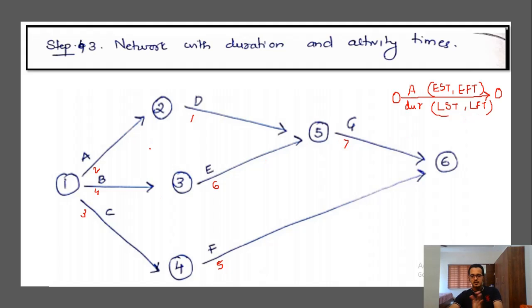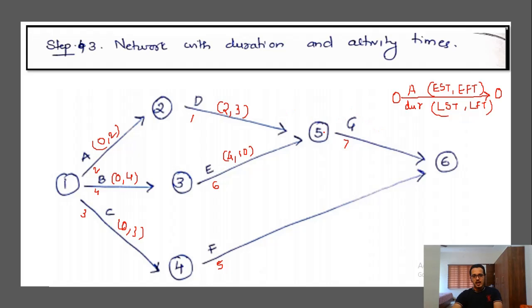For that, first we will have to go with the forward pass. For example, we will go with the activity S02, then 0, 4, then 03, then 4, 10, then 23.